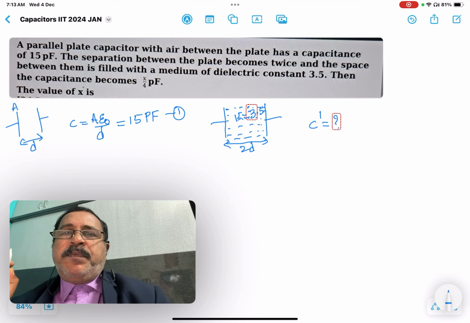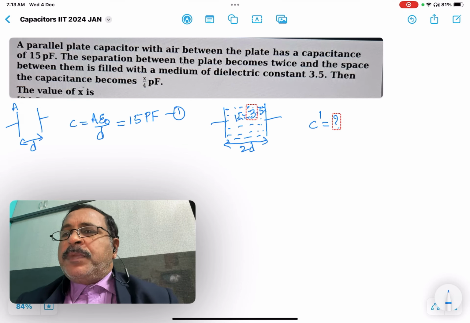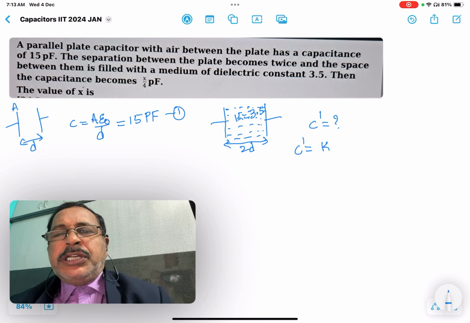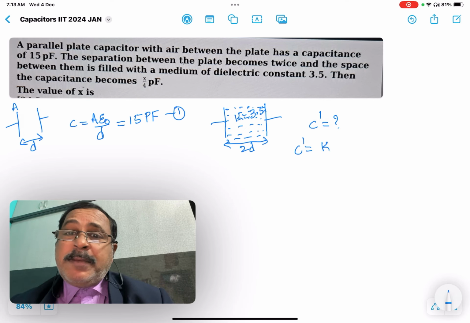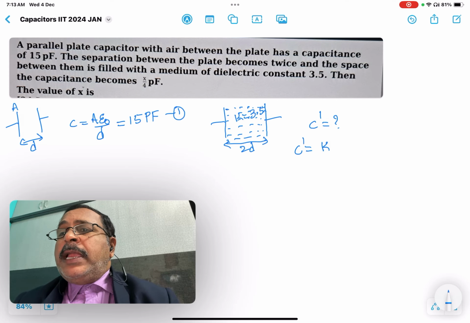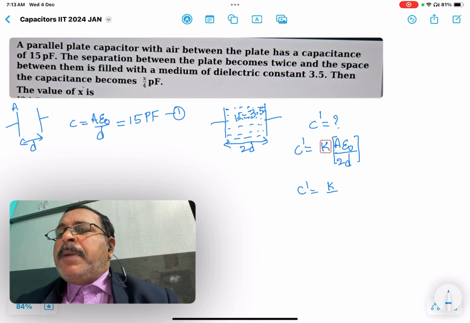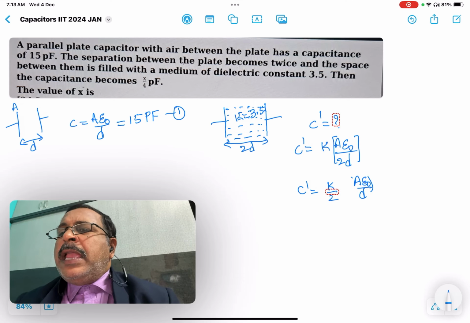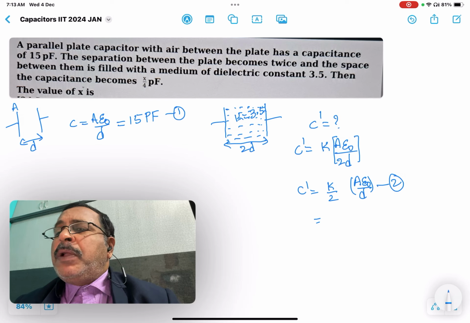This is the question. New capacity formula: C dash equals K times A epsilon naught divided by the new distance 2D. Generally, when a dielectric is introduced, capacity increases by K times. So C dash equals K by 2 into A epsilon naught by D. A epsilon naught by D in the first equation is 15 picofarad.